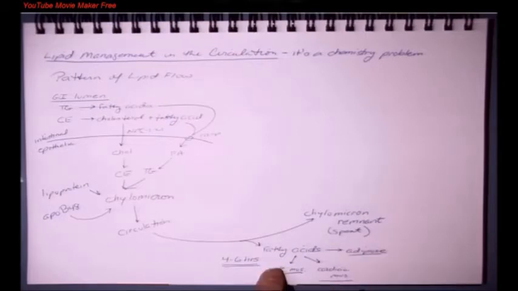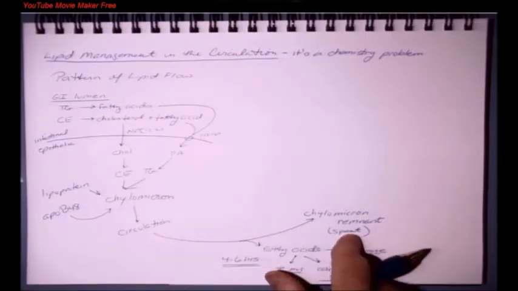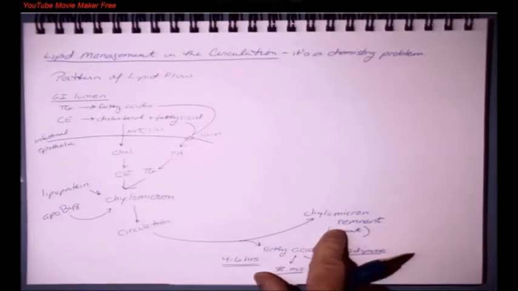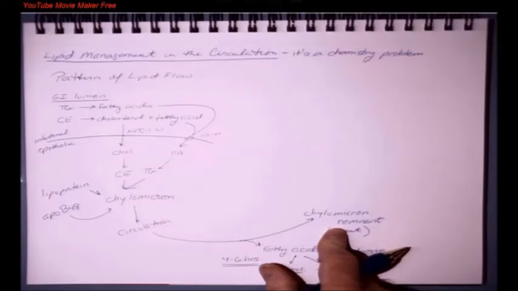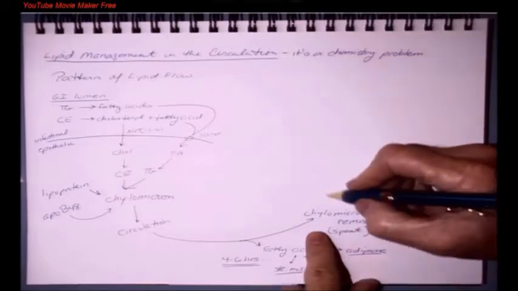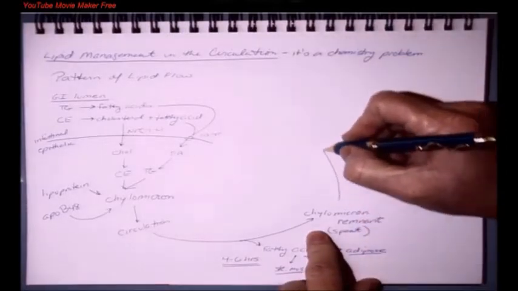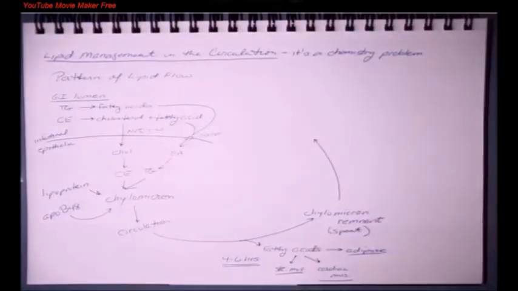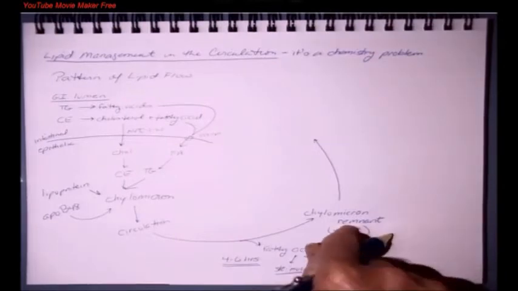It still has fatty acids and cholesterol esters attached to it, but it has gone through the circulation enough to deliver enough fatty acids that now it's time for it to be disassembled and change its form. So at this point of chylomicron remnant, the liver is going to bind this chylomicron and internalize it.